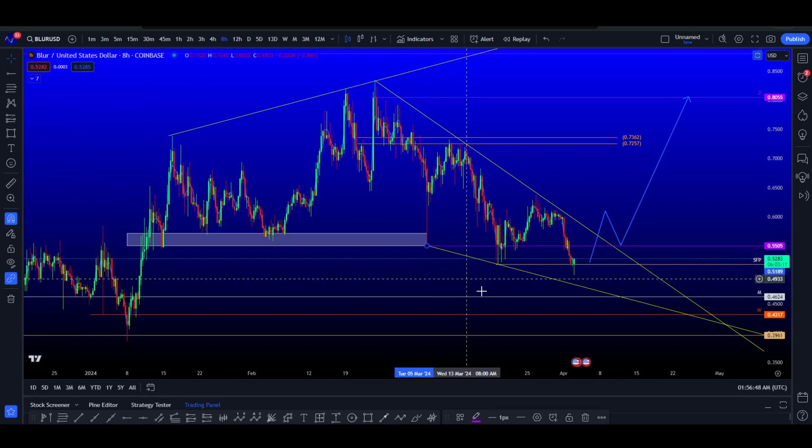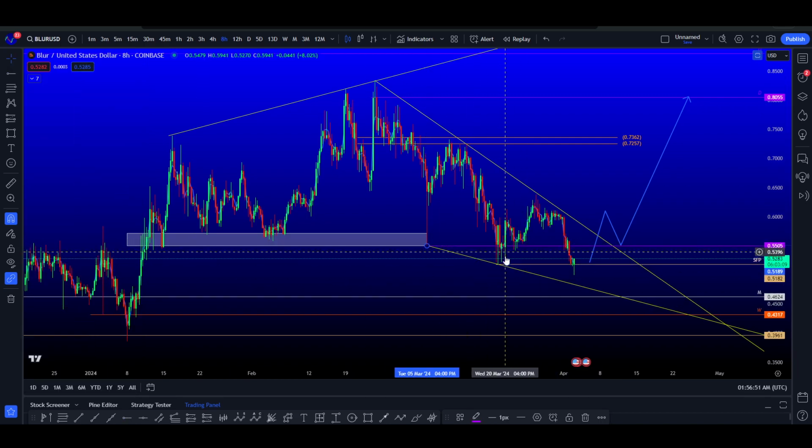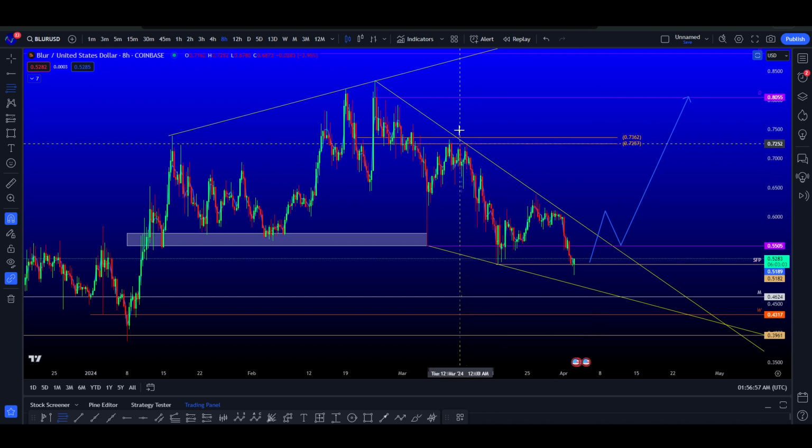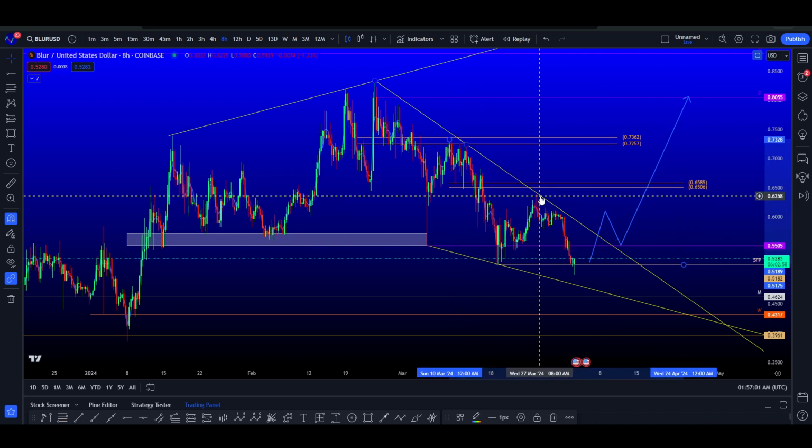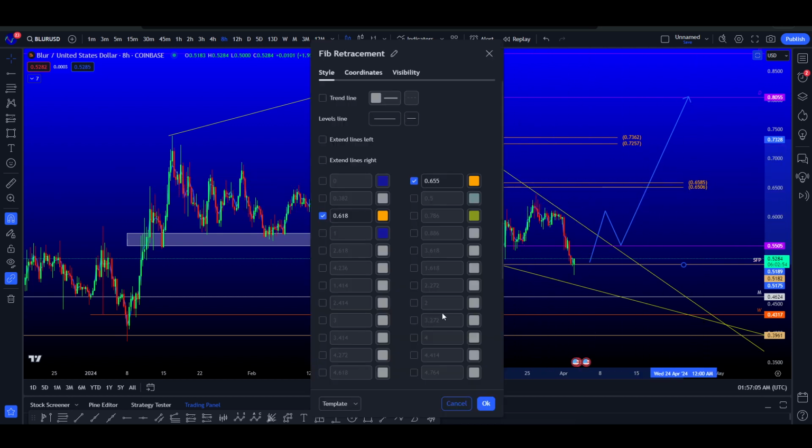If I was to draw a line out, you can see it swept, kept on grabbing liquidity, closed above, impulsed higher, and then once again we had price retracing off the diagonal trend line here. Let's see what happens.